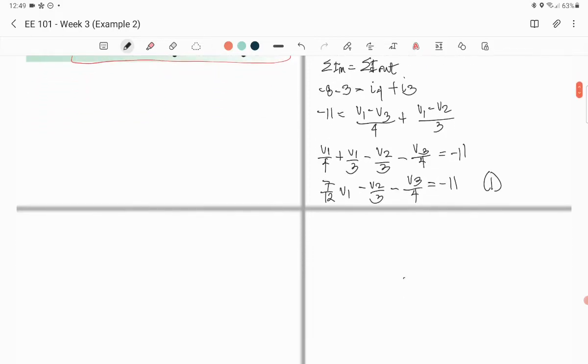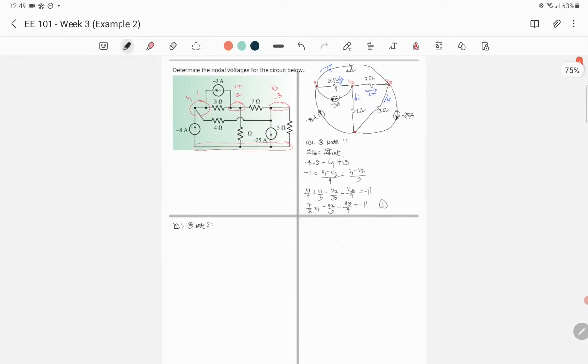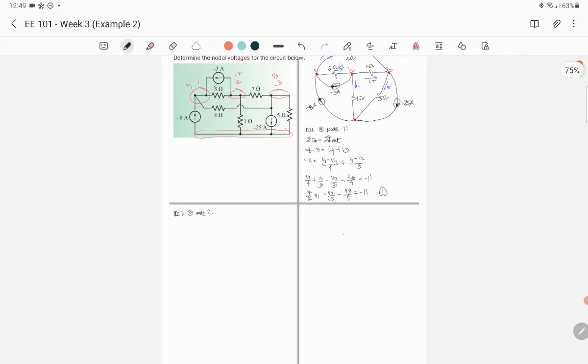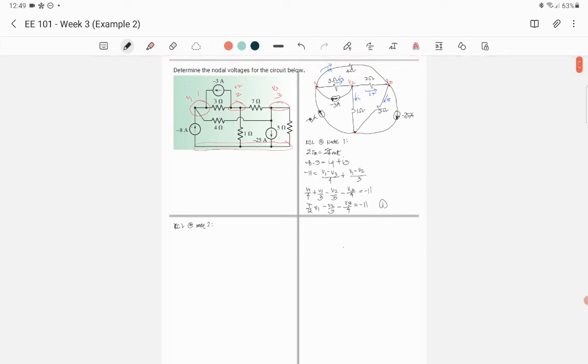We need to apply KCL at node 2. So we are referring to the voltage V2. So in KCL at node 2, we have I in is equal to I out. I in for V2, we have I3 only.